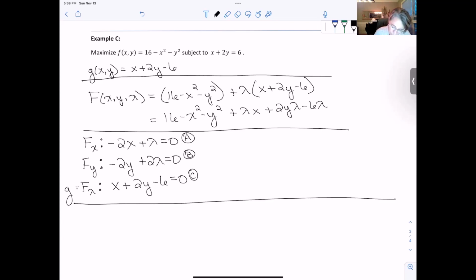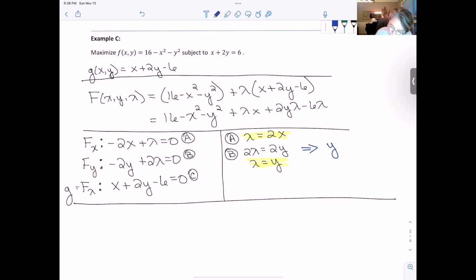I would go ahead and solve for lambda in both of these. So in equation A, move 2x to the other side. In equation B, we're going to get 2 lambda by itself, add the 2y to the other side, divide both sides by 2. We just get lambda equals y. If we're solving, both of these equal lambda, which means y equals 2x.